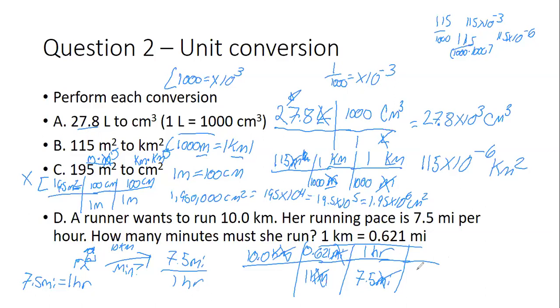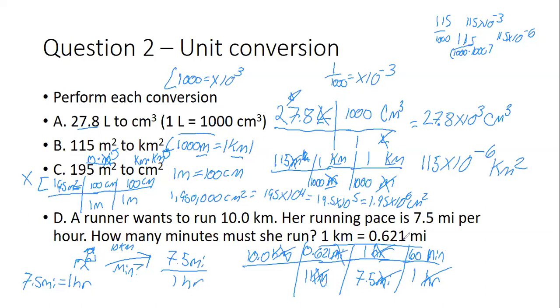So hours at the top, I want to put hours on the bottom and put minutes at the top, because that's the unit I want to be in. And our conversion is 1 hour every 60 minutes. Hours cancel out. Now you take everything at the top, multiply that together, divided by the bottom.